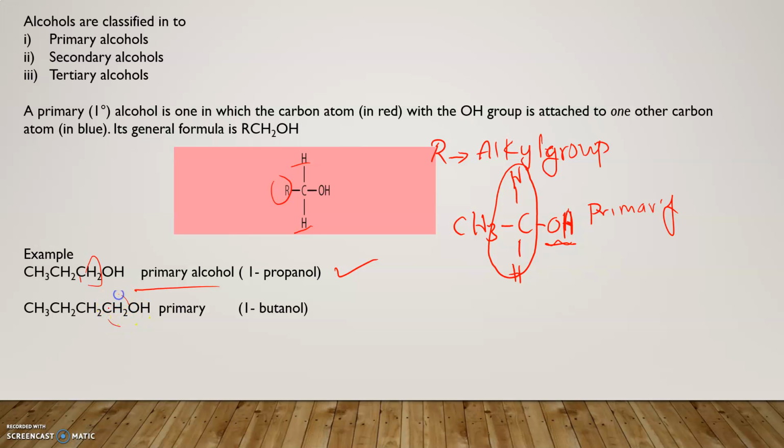Also, it carries 2 hydrogens, so it's a primary alcohol. It's 1-butanol. So again, in the primary alcohol, focus on the carbon bonding to the OH, and it has 2 hydrogens.